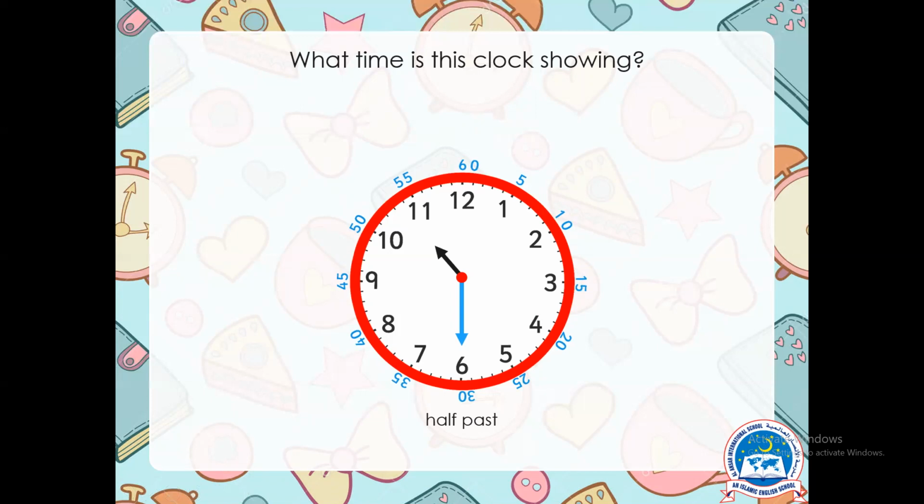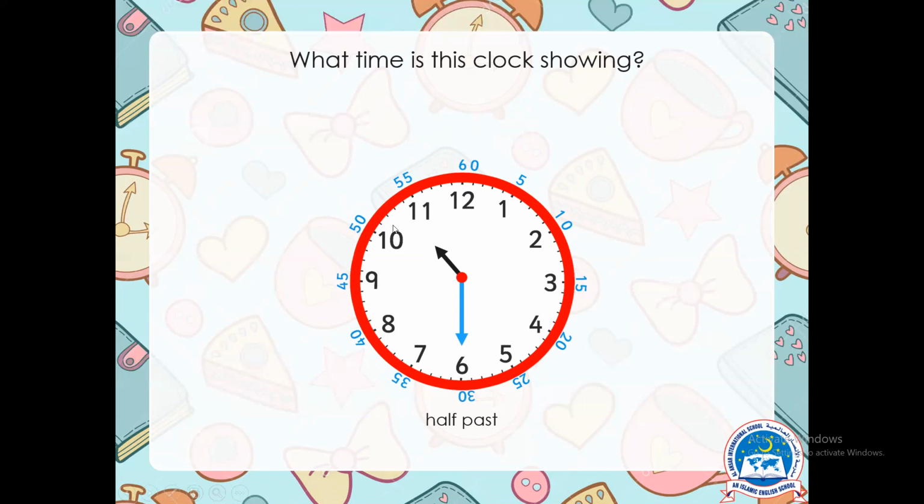Now, what time is this clock showing? You need to look at the big hand first, then the small hand. The big hand is pointing at 6. I told you when the big hand is pointing at 6, it means the time is, what do you say? Yes, half past.